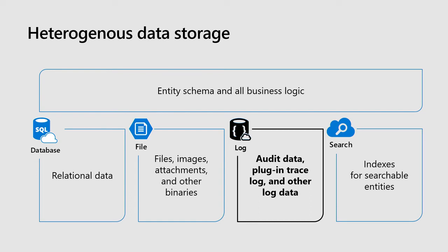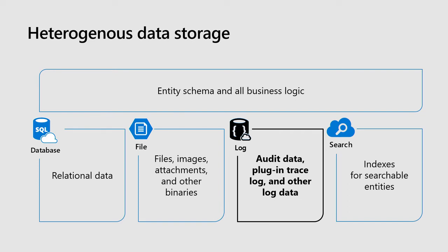Okay. So I'll tell you a little bit about the log storage, which we are adding over the next couple of weeks and months. Log will be primarily used for audit data, plug-in trace log data, and any other logs that we might have in the system. In the future, we are planning to open up the log storage for new kinds of data, like observational data. Observational data is basically things that we can observe.